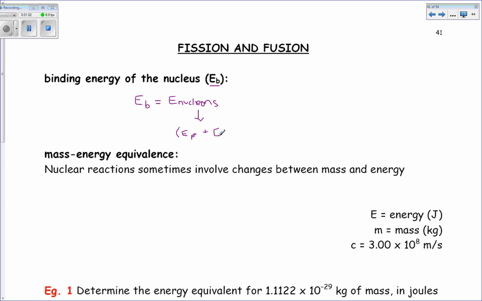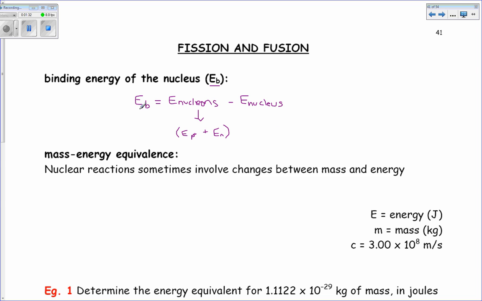If you take all the energy that's associated with the protons and add it to all the energy that's associated with the neutrons, that gives you the energy of the nucleons. And then if you subtract from that the energy of the nucleus, then the energy of the nucleons minus the energy of the nucleus, that's binding energy. Okay, that's the energy that's required to hold all the protons and neutrons together in the nucleus.